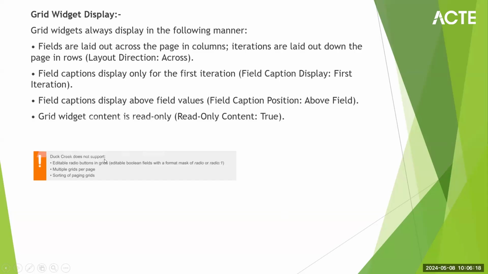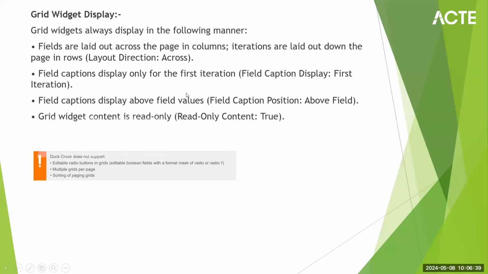Suppose you want the first field here and the second field down, you can do that too in grid wizard, but not in the others. That is called laid across, laid down, meaning the direction of the field.